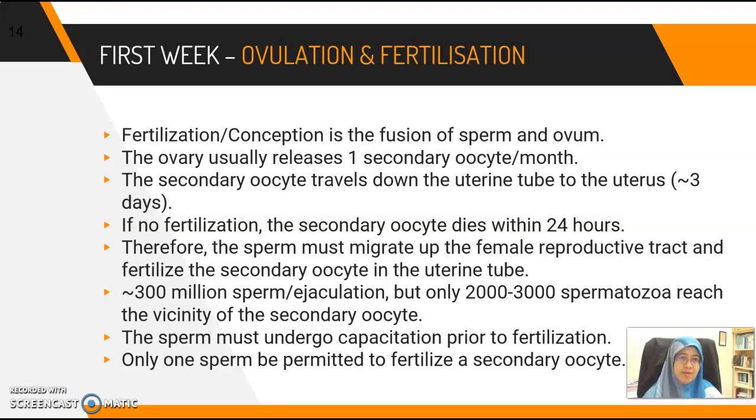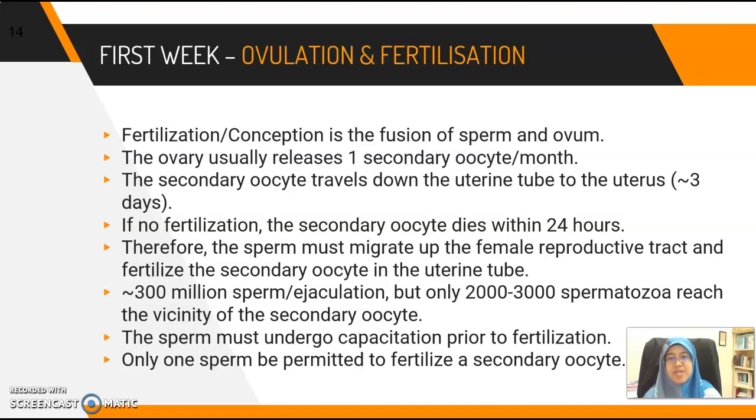Usually a female produces only one secondary oocyte per month. I already mentioned in a previous video that unlike males, who produce millions of sperm throughout their life starting from puberty, the female only produces one each month.